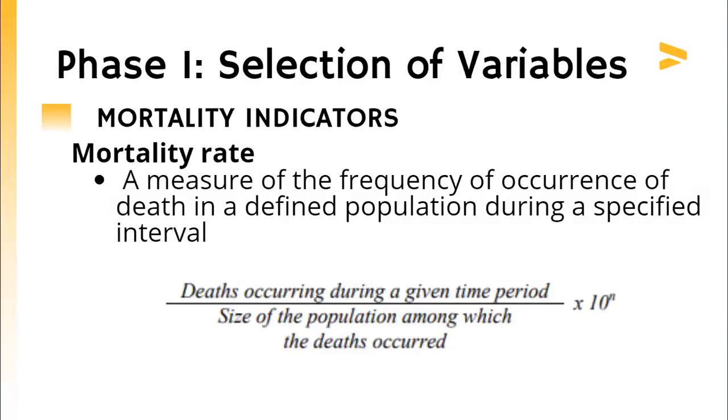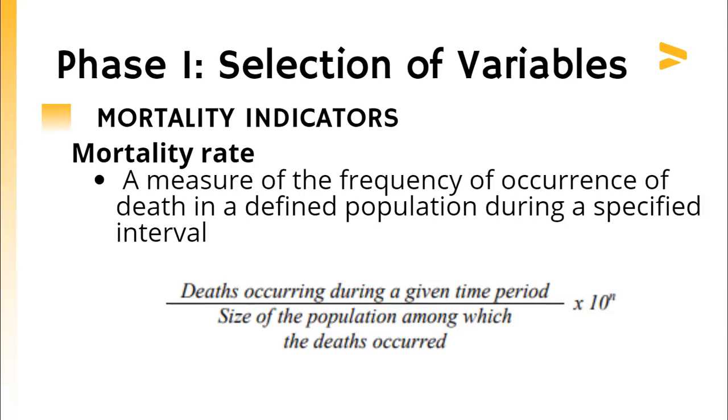Okay, so very easy. Now we're done with the different morbidity indicators. Let's discuss the different mortality indicators. Mortality rate is a measure of the frequency of occurrence of death in a defined population during a specified interval.